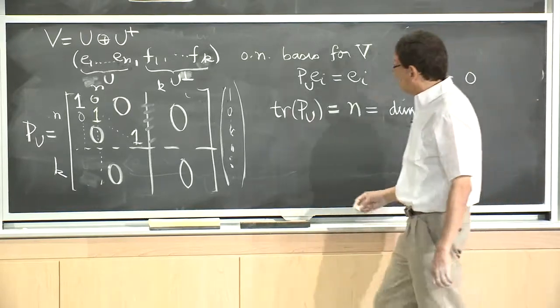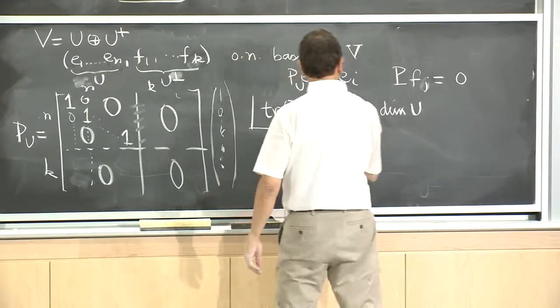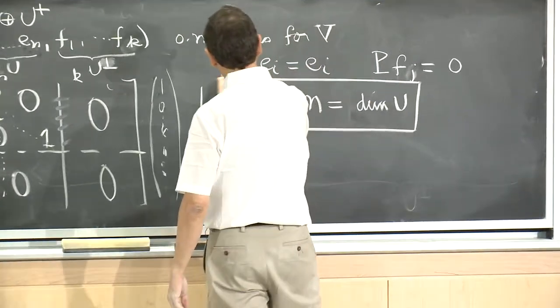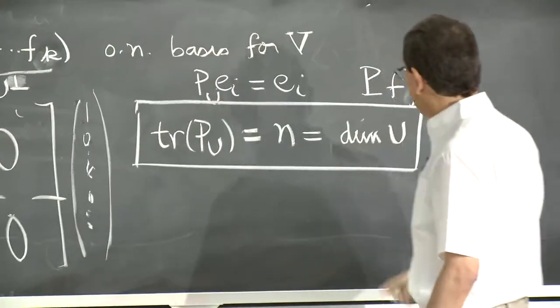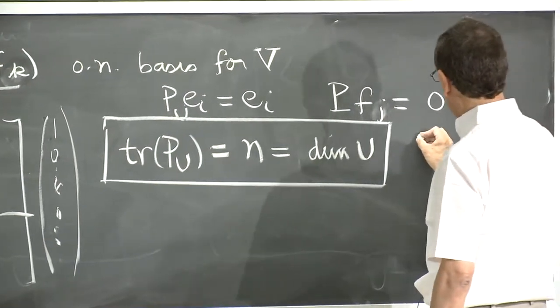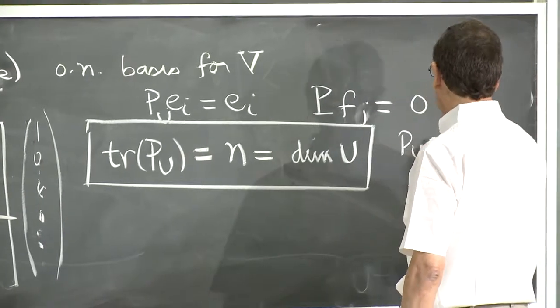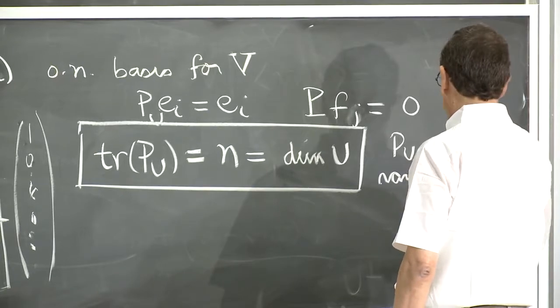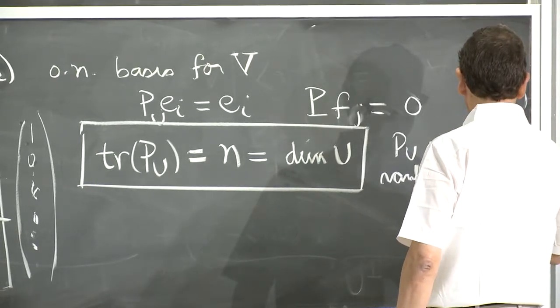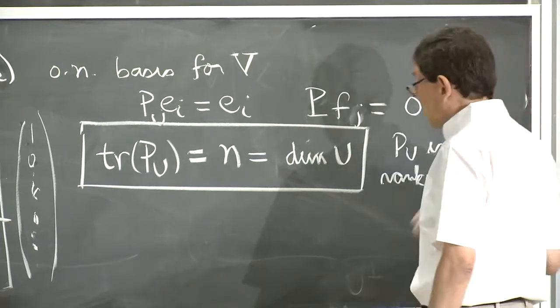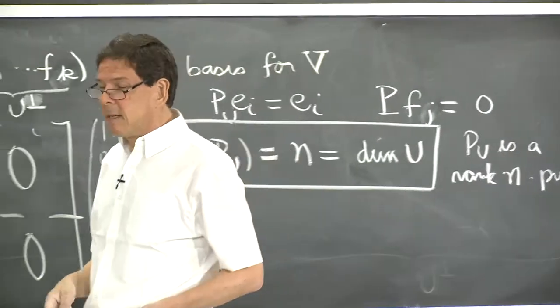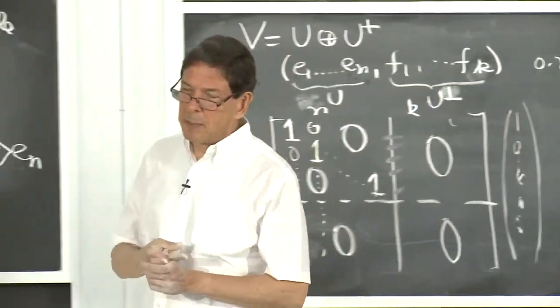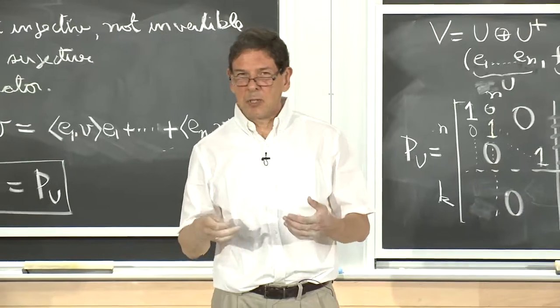And this PU is then called a rank n projector. Rank n meaning that it projects down to a subspace of dimension n.